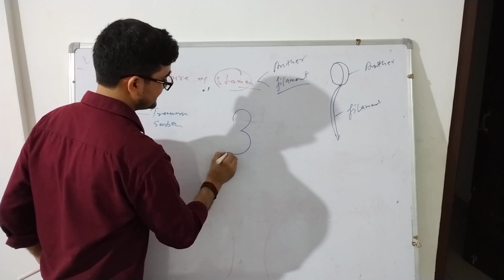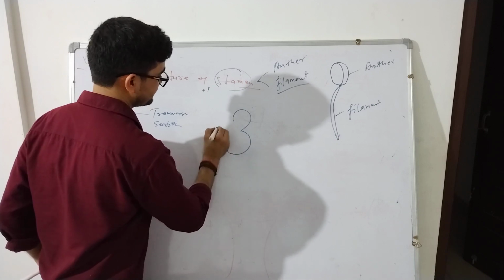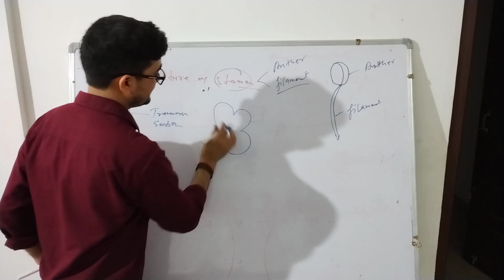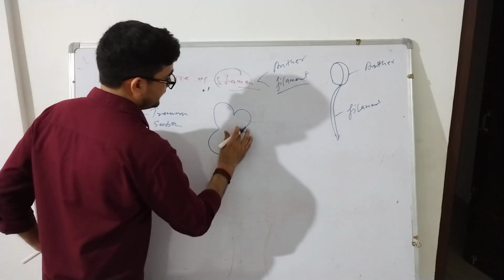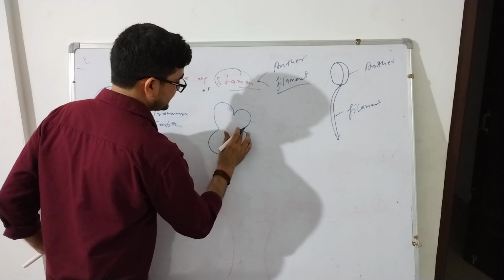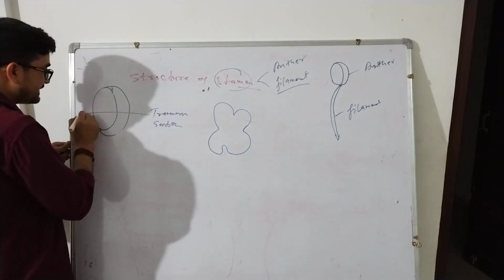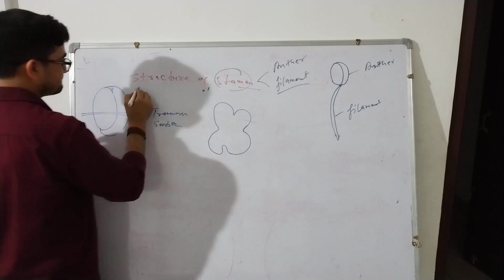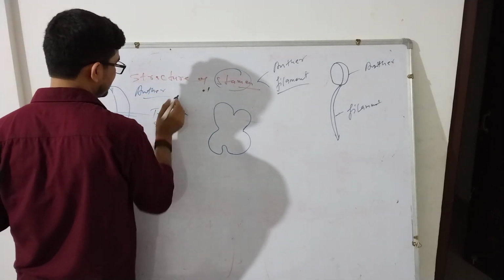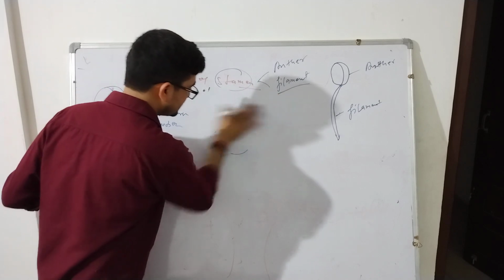If we cut the anther by transverse section, it looks like a butterfly-shaped structure. It's very important, so just follow what I am saying.